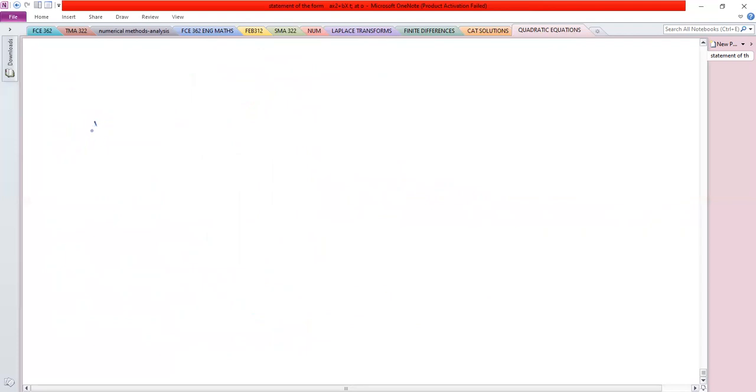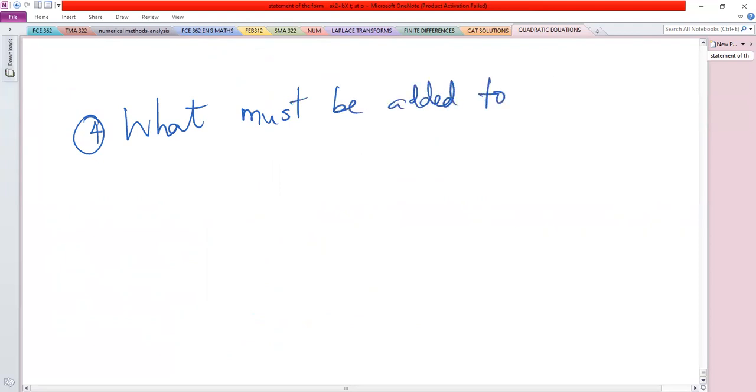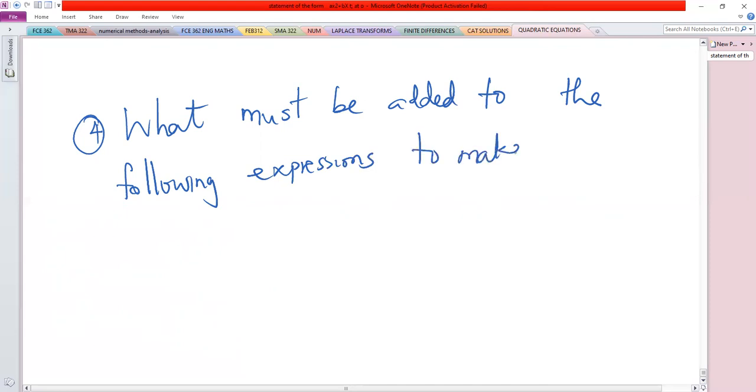And then number 4, actually the question is, what must be added to the following expressions to make the sum a perfect square.